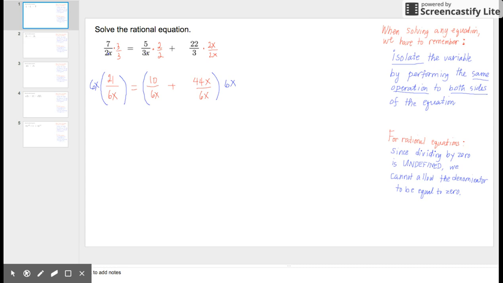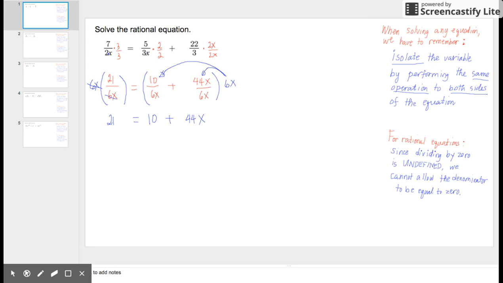Whatever we do to the left, we do to the right. So now the 6x cancels because that's going to give us 1. So we'll have 21 equals 10 plus 44x, because the 6x cancels again. So now this is a nice cleaner equation.